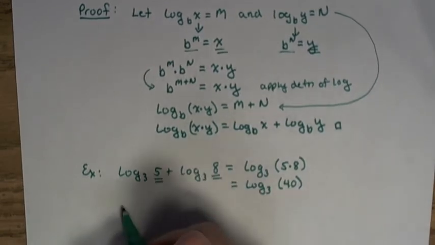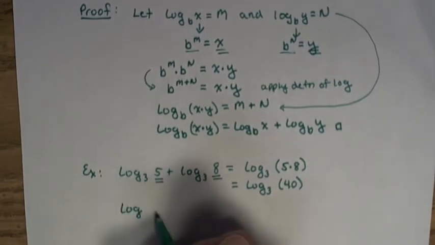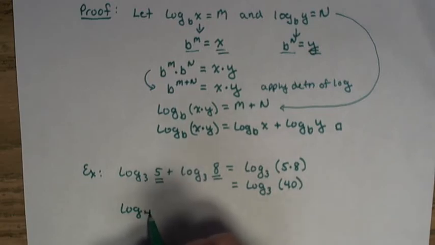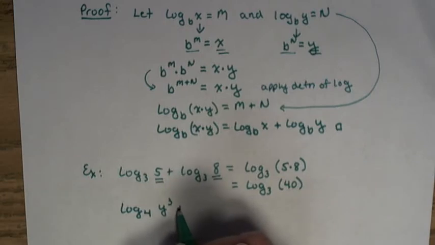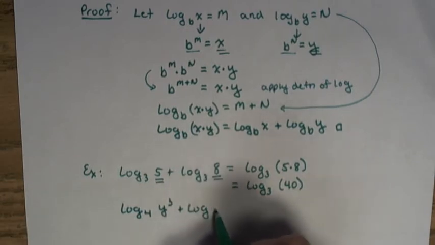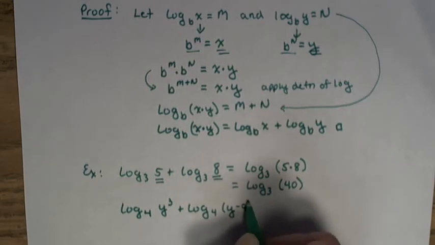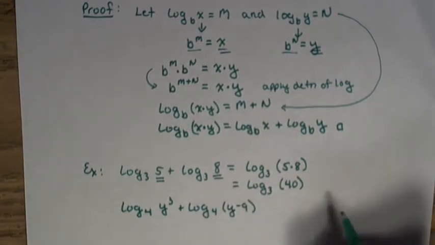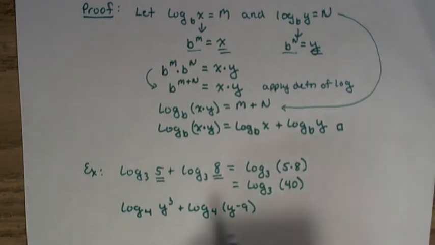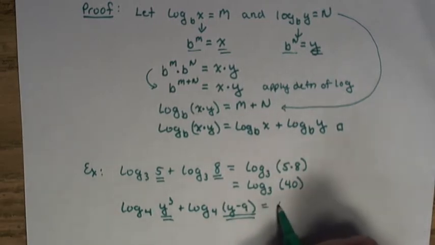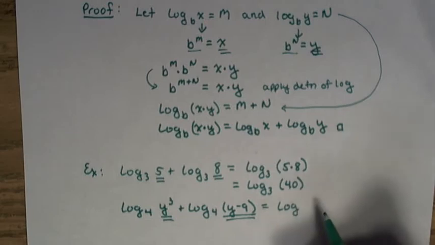Let's try another one. Log base 4 of y cubed plus log base 4 of y minus 9. Now again, I see the addition here. I've got these two particular arguments, and so to combine it into a single log, I multiply.